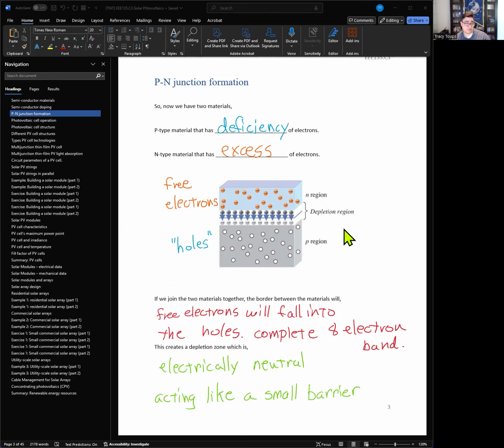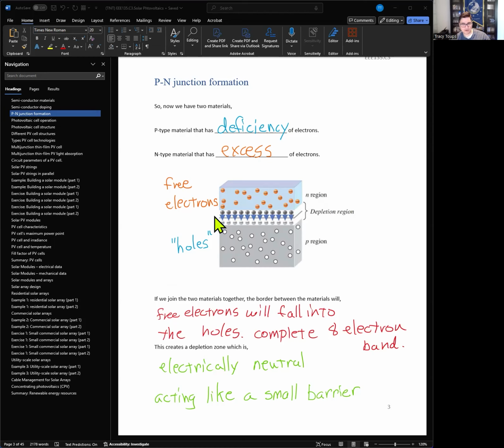Okay. And what really smart people did in the 1950s and 60s, they figured out that if you put these 2 materials, an N region and a P region, together, on the border the extra electrons will travel over and fill in the holes of the p-type region.